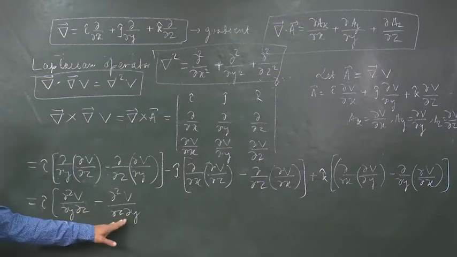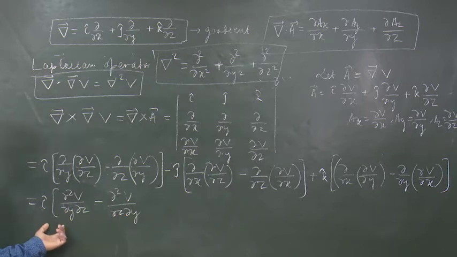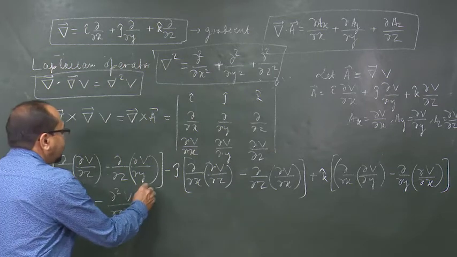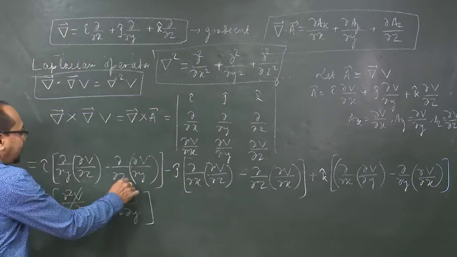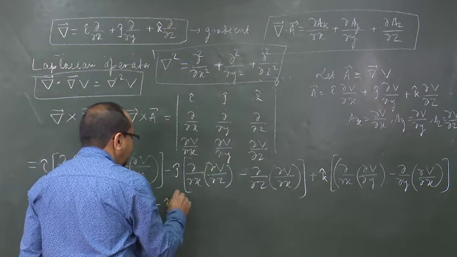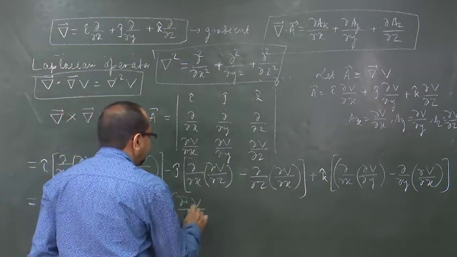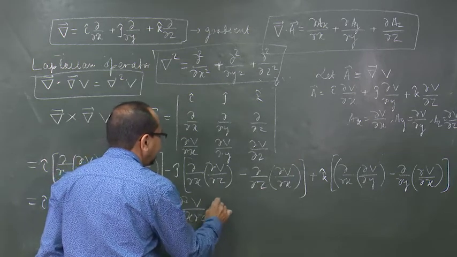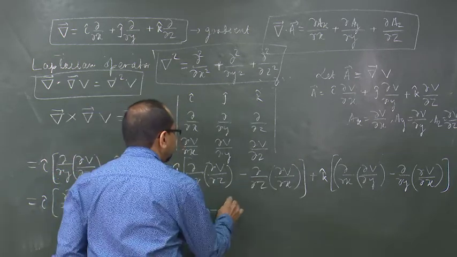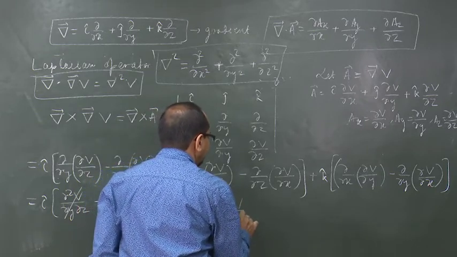Whether we take the derivative first with respect to y, then with respect to z, or first with respect to z, then with respect to y, both are the same. So, these two terms cancel out. Similarly, what is this term here? Minus j cap into del square V by del x del z minus del square V by del z del x.